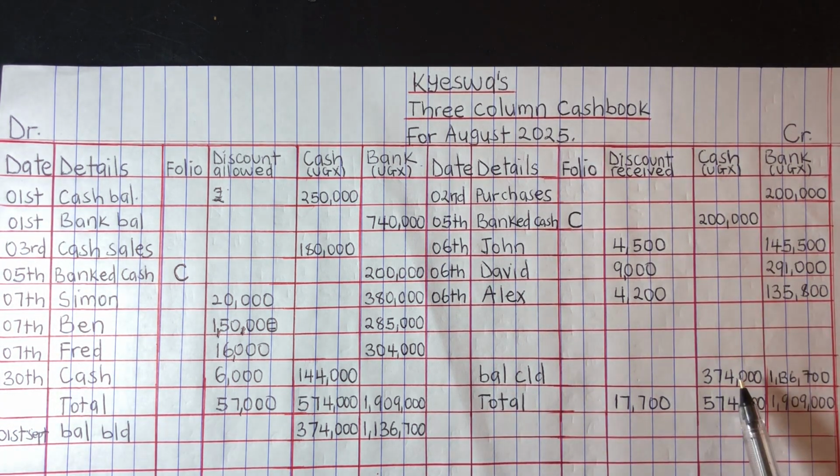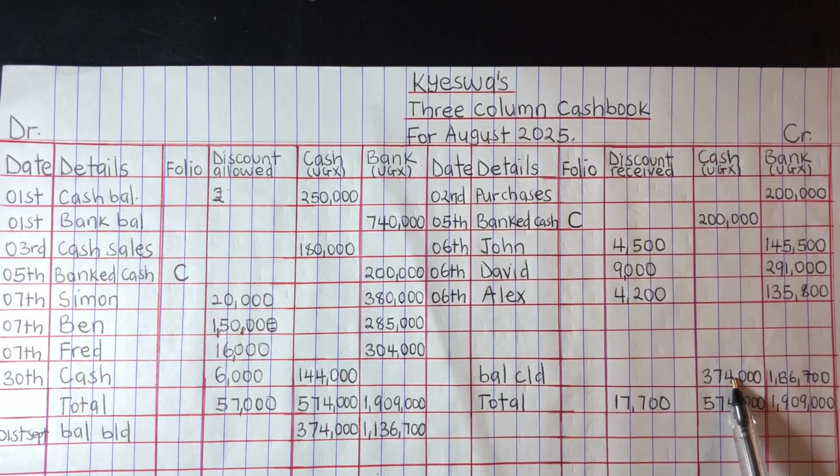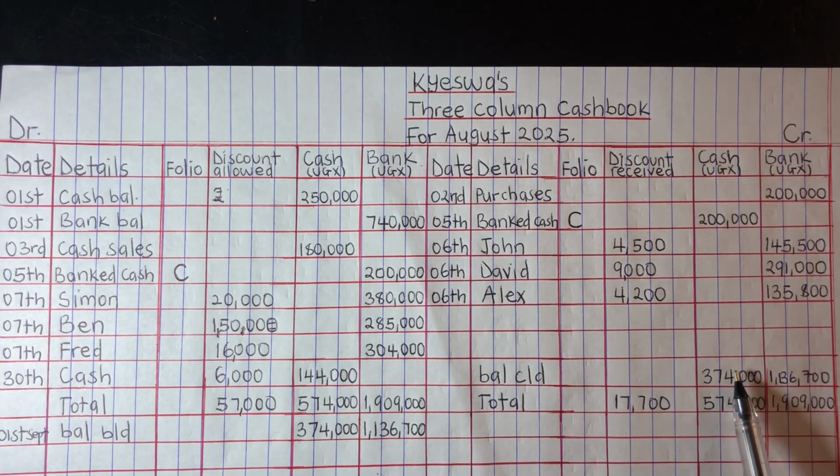It is recorded on the side that had the smaller total. So 574,000 minus 200,000, you remain with 374,000. So the balance carried down is recorded on the smaller side. We record this on the cash column on the credit side because it has the smaller total.